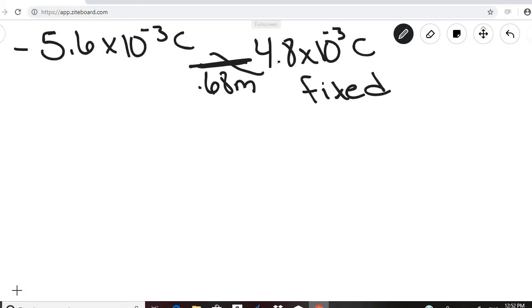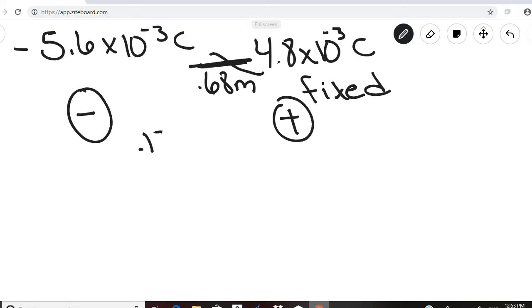And then we are asked, if the freely moving charge moves toward this charge, if it moves 15 centimeters, which is 0.15 meters toward it, then what will be the change in potential energy?